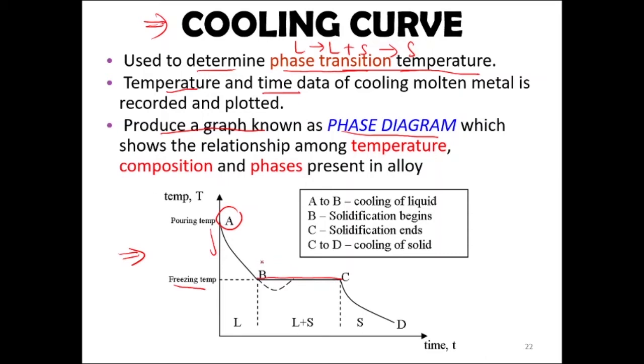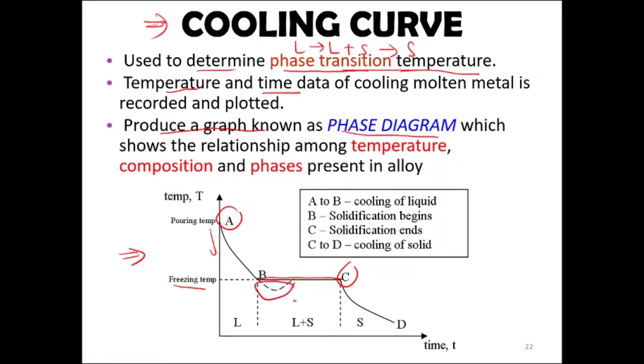The solidification starts at B, and the solidification ends at C. For pure metal, the freezing or melting temperature is only one because only one metal is present. The solidification temperature will be constant at the melting, or we call it the freezing, temperature.